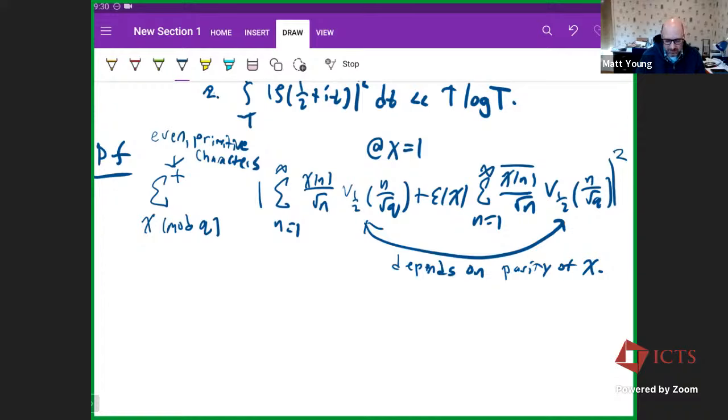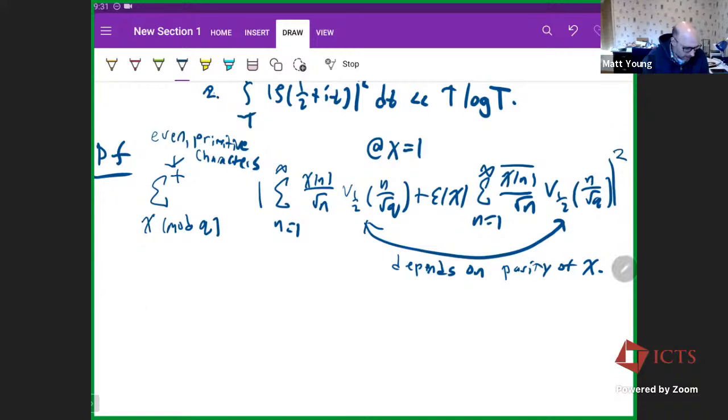The reason is, if you remember back from the gamma factors for Dirichlet L functions when we did our examples, we have this +1 shift for odd characters. And so the gamma factors depend on that, and the gamma factors are baked into the definition of V. So, okay, anyway, we've got that.